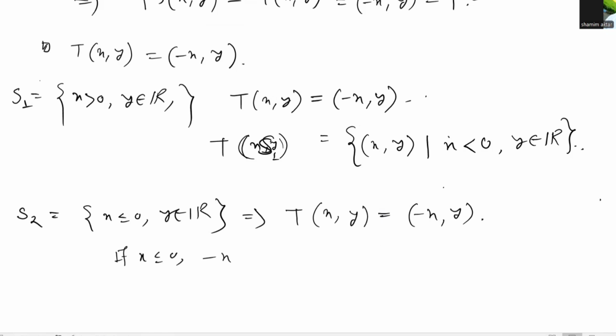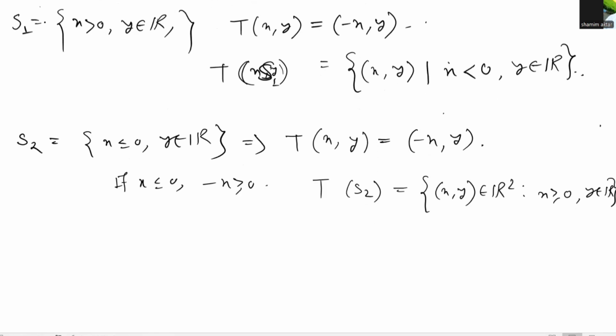So the range set of S2 is the set of all points (x, y) in R2 such that x is greater than or equal to 0 and y belongs to R. So here S1 union S2 equals R2, clearly.